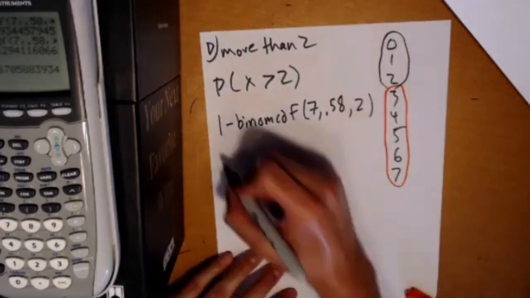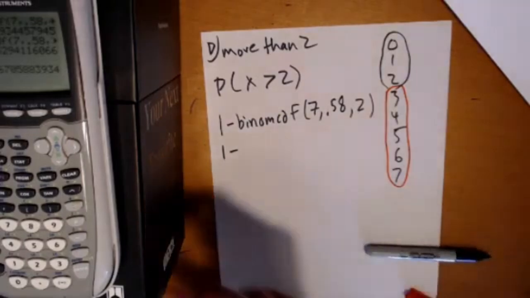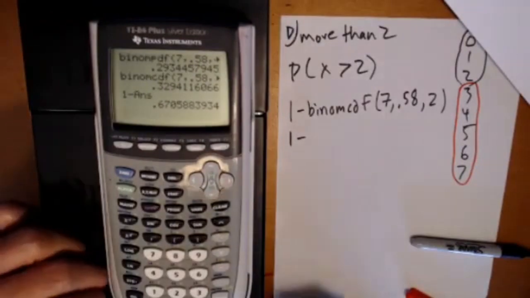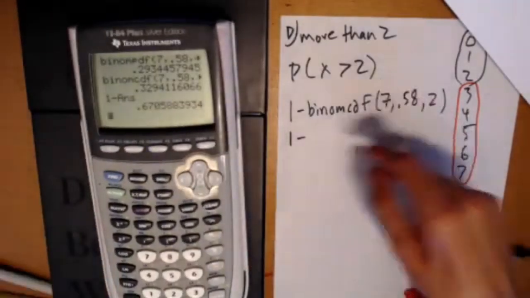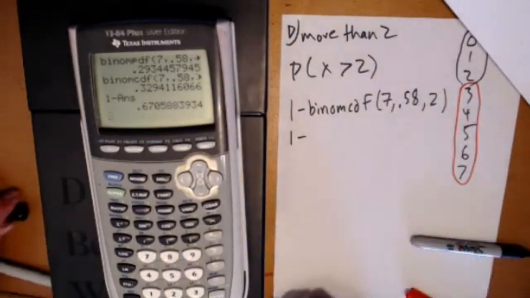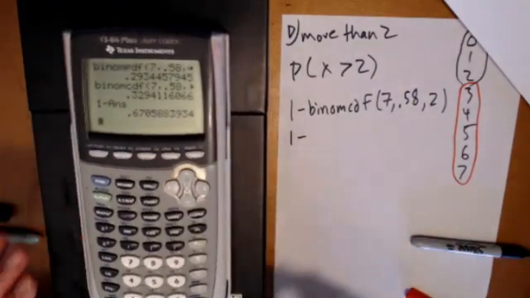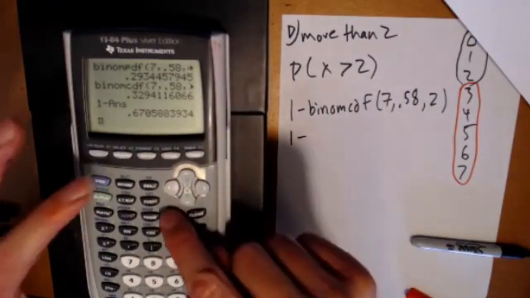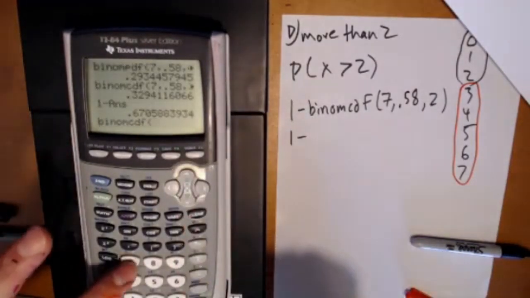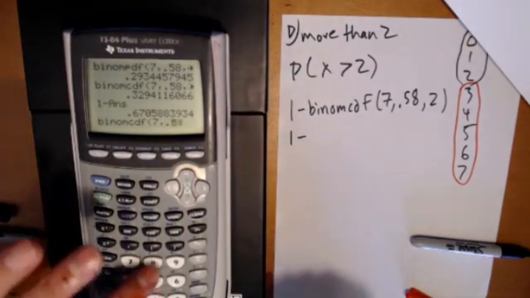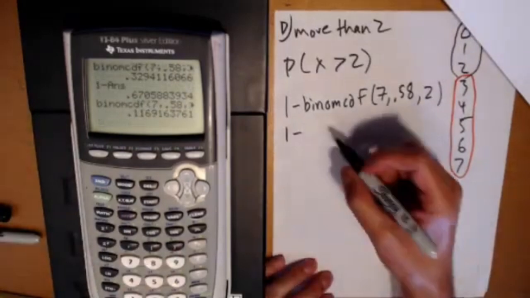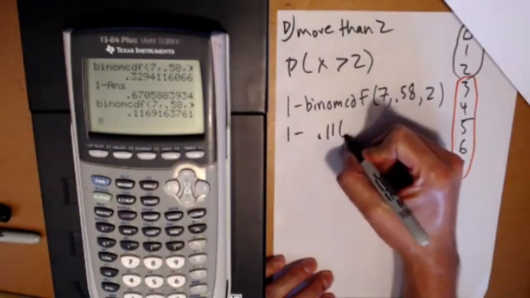Okay, so that's going to be 1 minus. So let's bring this over here. I'll put a little key to remember what values go where. In Canvas also, you'll see it. Okay, so let's do distribution, binom CDF, enter 7, comma, 0.58, comma, 2, parenthesis, enter. 1 minus that 0.1169 value.